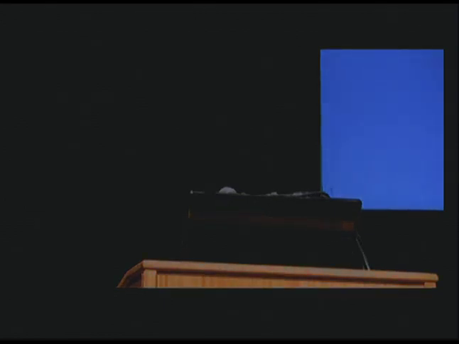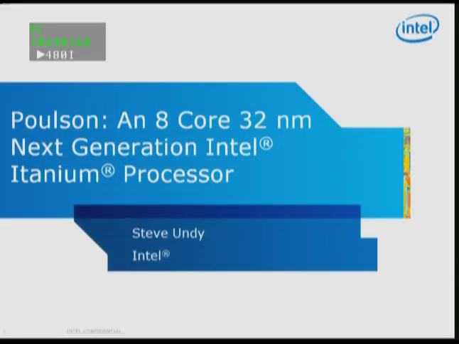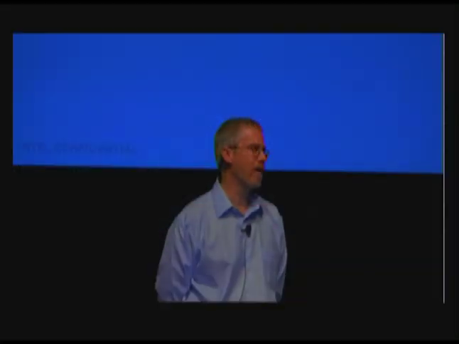Thanks, Brian. So I'm going to talk to you today about Intel's first 8-core Itanium processor, codename Poulson. It's implemented in Intel's 32-nanometer process. The goals of my talk today are to describe probably the biggest change to the Itanium design in a while, which is a new Itanium core microarchitecture and a new Uncore microarchitecture to go with that.